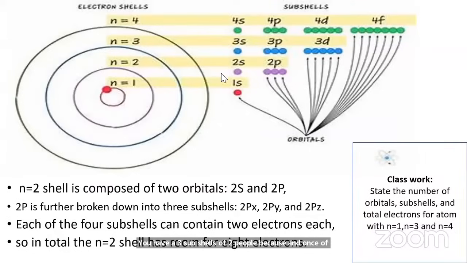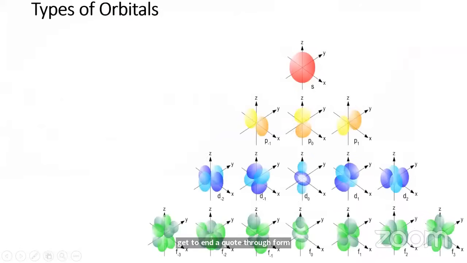So in all, you have 1, 2, 3, 4. You have 4 subshells for n equal to 2. Now, this is how you calculate till you get to n equal to 4. Now, let's go to the next slide.